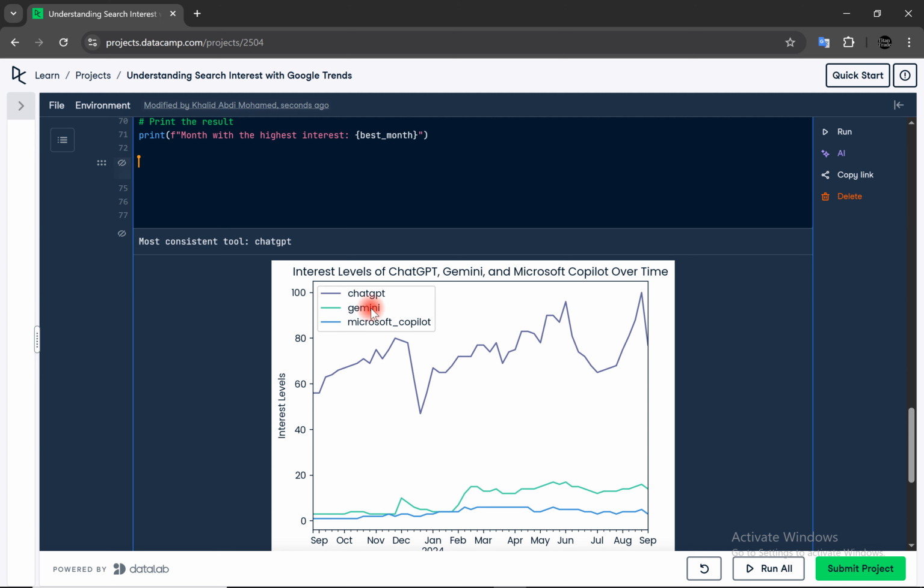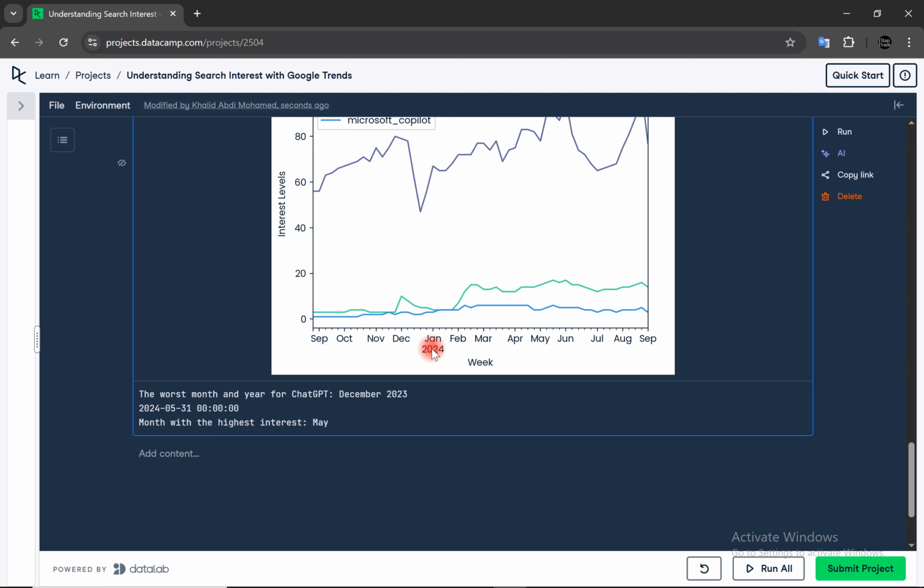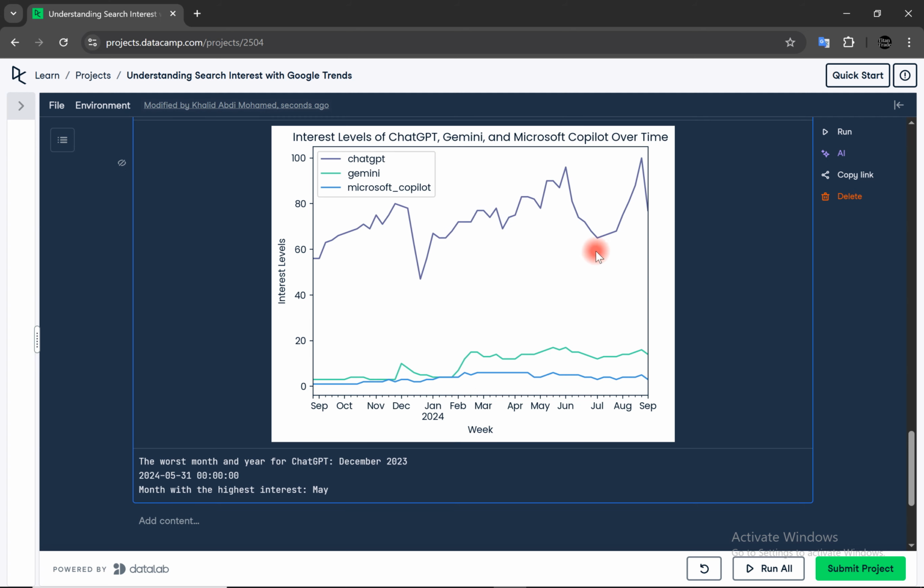And if you can see here, ChatGPT is this one, which is actually consistent. And here we can see that the worst period was this one, December to January 2024, and the best one was May, in this area.